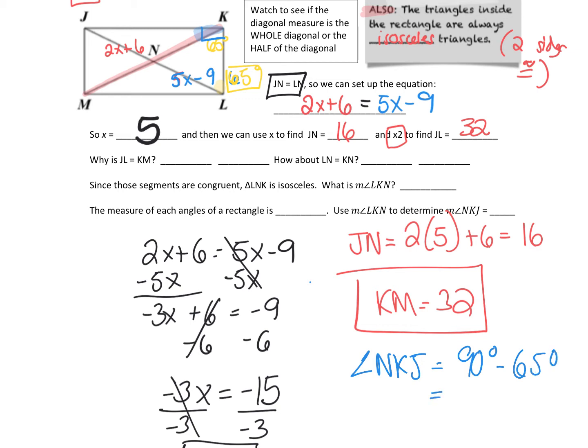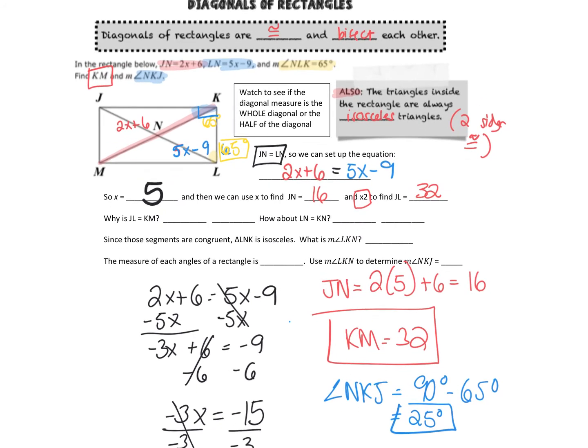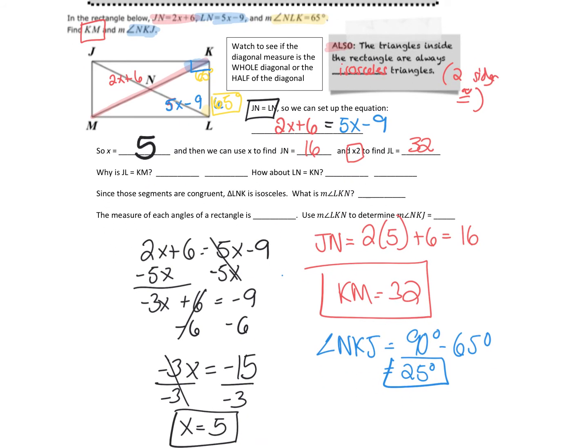That will get me my angle, because that 90 degrees is a corner and the other piece is 65. So if I subtract the two, I will get my answer, which is 25 degrees. And there are my two answers. KM is 32 and angle NKJ is 25 degrees.